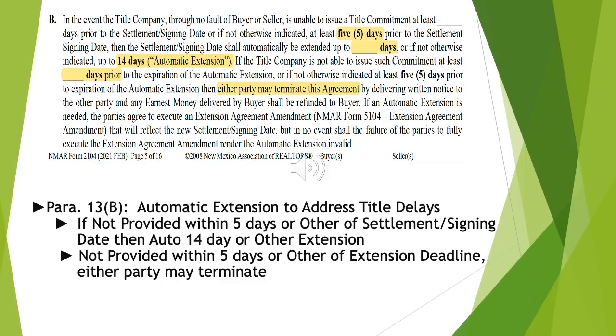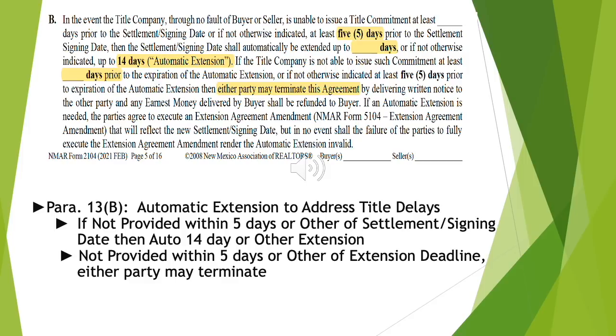And again, we have created a default, but we've also left the option open for the parties to negotiate something else. So the default is 14 days. There's going to be an automatic 14-day extension in the event that we don't have that title commitment within that time frame that we've set forth. If you're down here in Albuquerque, that might be way too long. You might need a couple of days, but that's it.